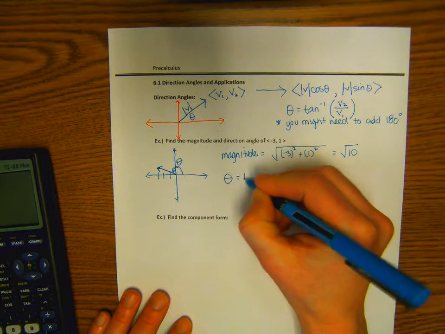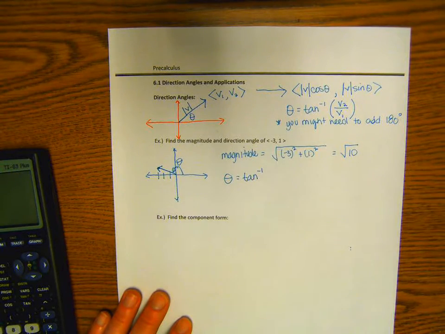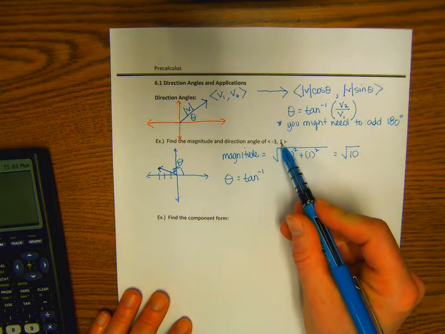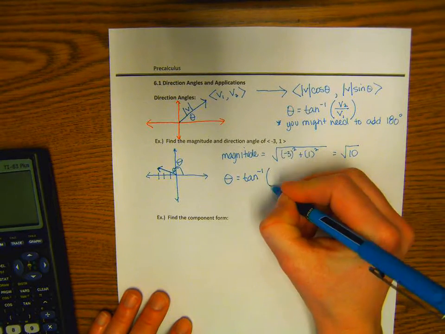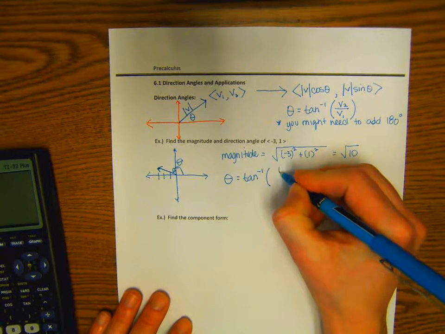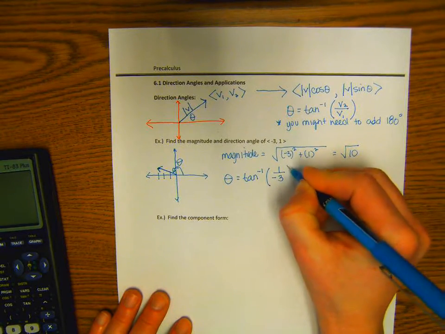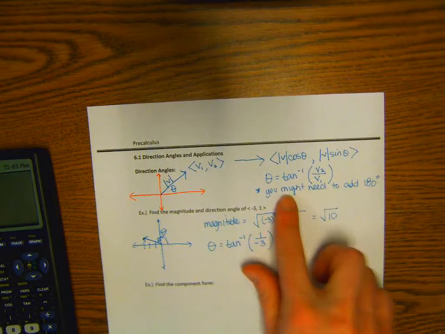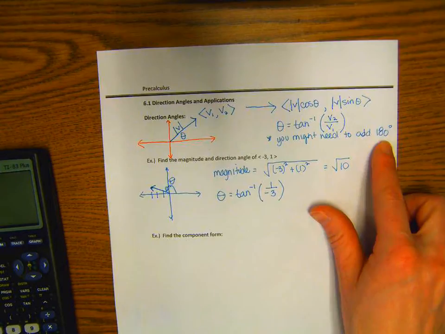We can take the tangent inverse of V2 over V1, but remember we might need to add 180 because the tan inverse is only going to output one angle, kind of like that ambiguous case of the sine. Remember how it only gave us one angle and sometimes we need to find another. The way we would find the other in this case is to add 180 if we need to. So we're going to want our calculators in degree mode.